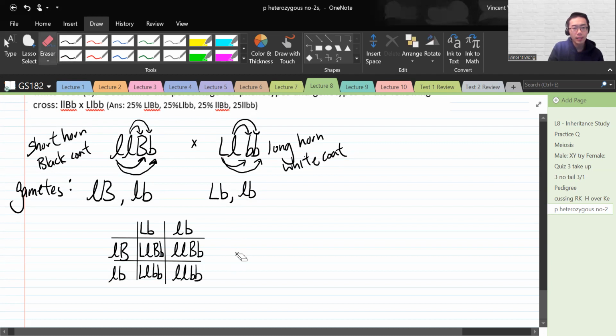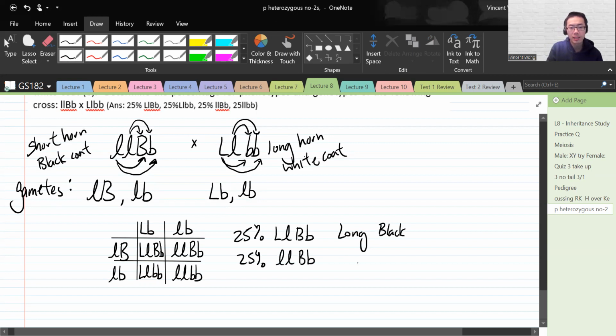So let's take a look at the genotype. They're all different. So 25% that, and this is long and black. 25% that, which would be short and black. 25% that, which is long and white.